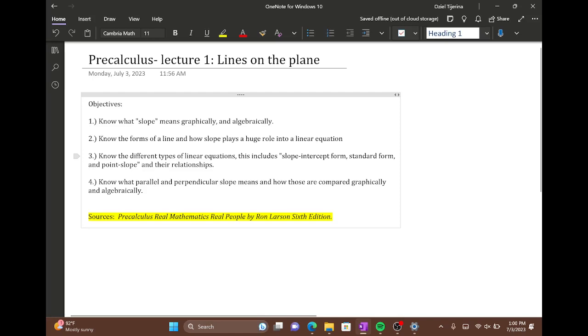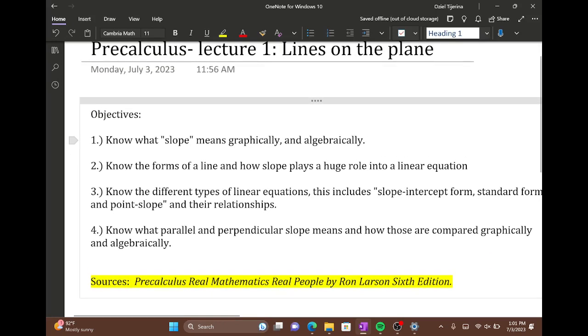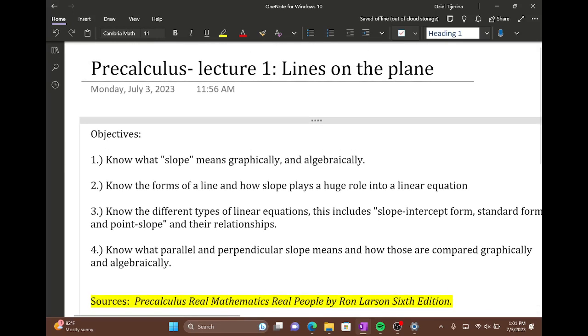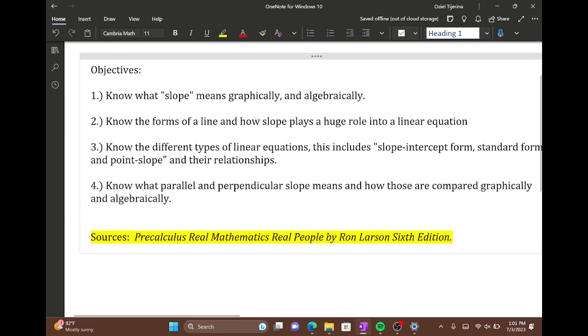So these are the objectives. The way that we're first starting this whole section is knowing what slope is, the definition of slope, how that plays a role on the graph, and then how that plays a role on a linear function, on a line, as well as on a linear equation.